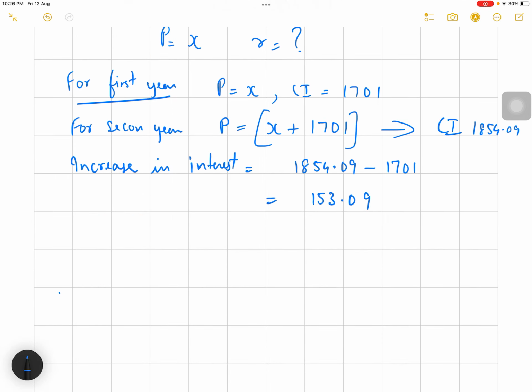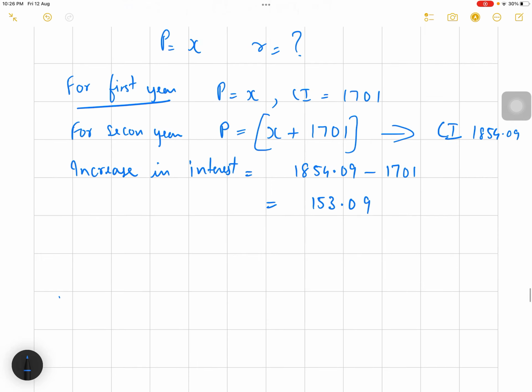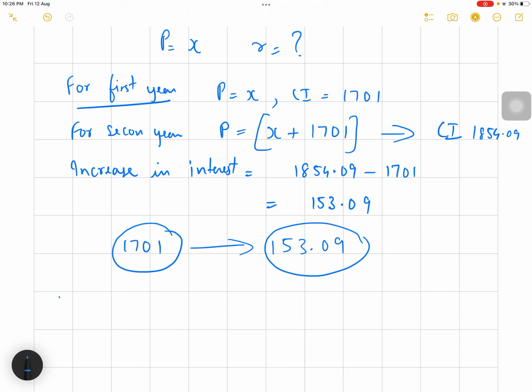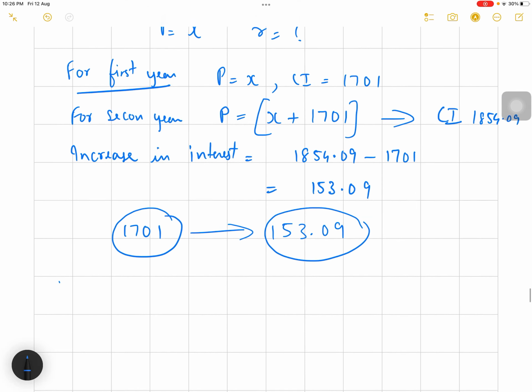So I can say that when principal increases by 1701, interest increases by 153.09. So on 1701 the interest is 153.09.